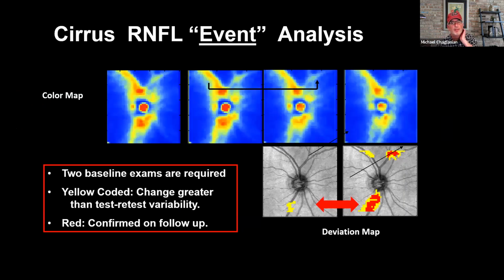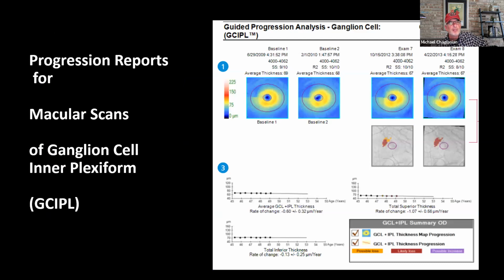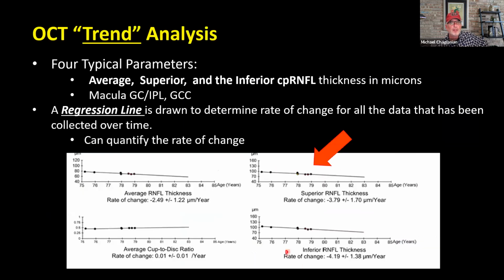So these reports, or whatever device you have, and again, this is an area where there's lots of differences between instruments and software and devices. But for those of you doing glaucoma care and management on an ongoing basis, looking at progression reports for the macula, as well as the RNFL, looking at these trend analysis reports and looking at the slope for the rate of change is really what's essential.